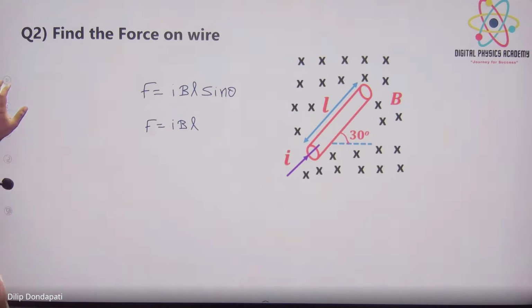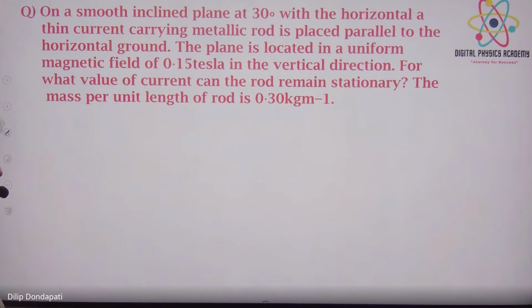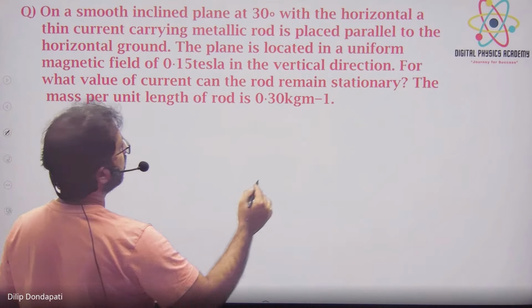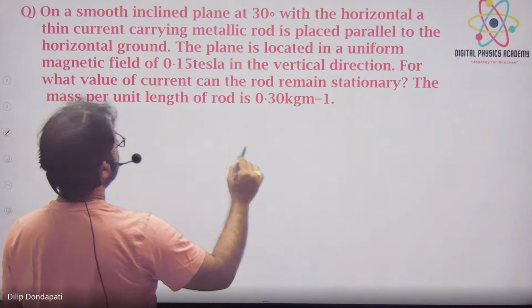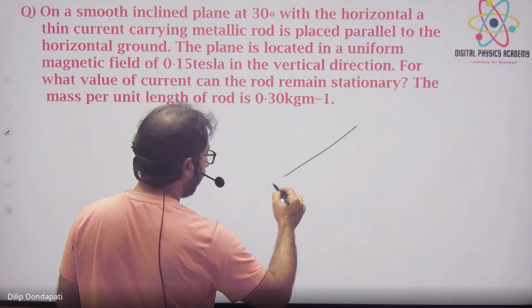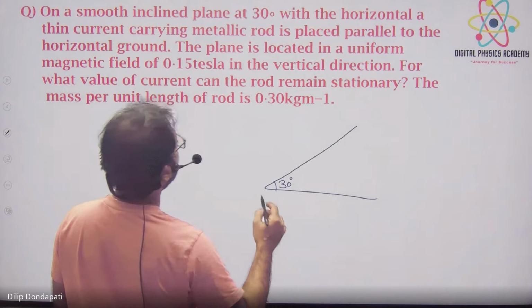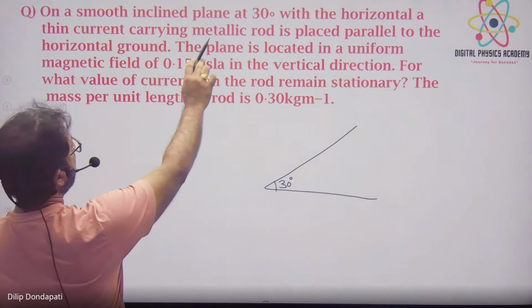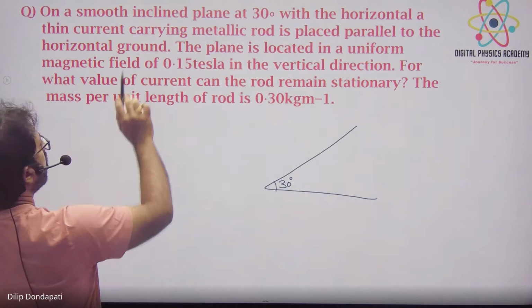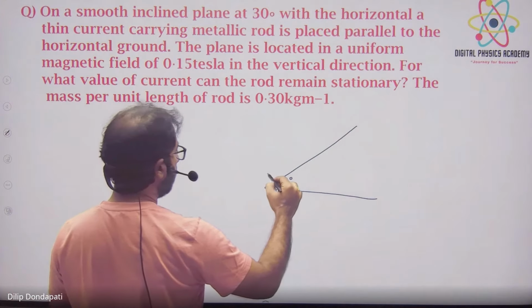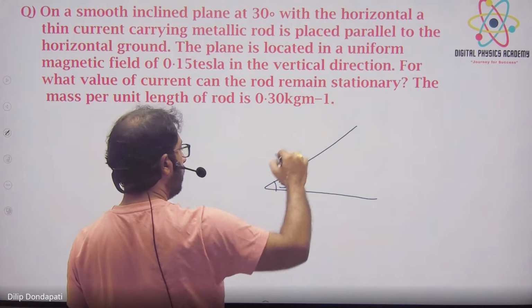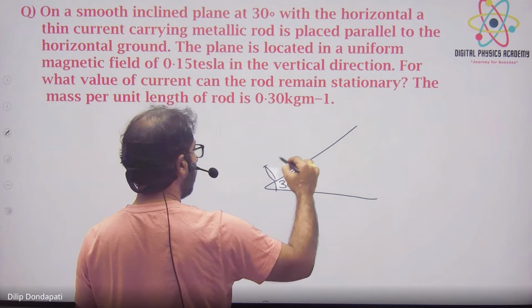Next. On a smooth inclined plane at 30 degrees with the horizontal, a current carrying metallic rod is placed parallel to the horizontal.